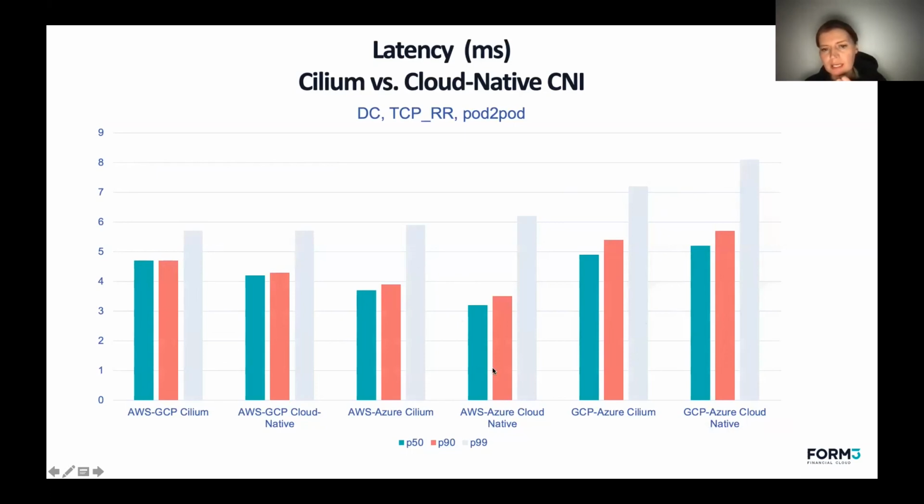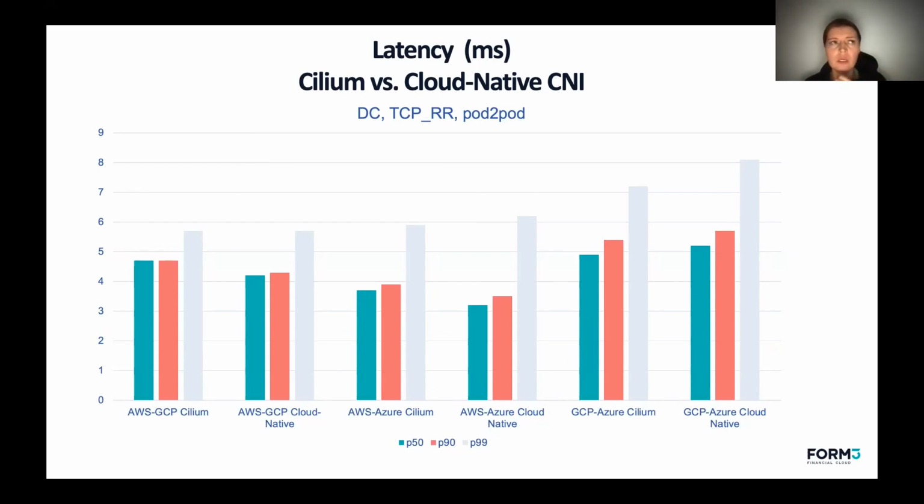In some cases, on average for P50 or P90, the performance of native CNI plugins is better than Cilium, but in general it's very similar. So you don't get much of a performance gain with Cilium.